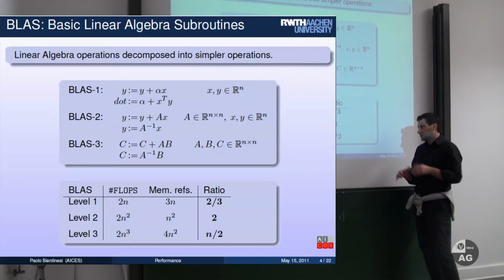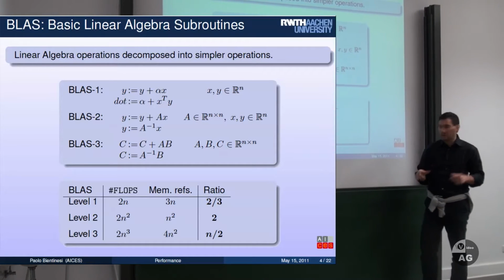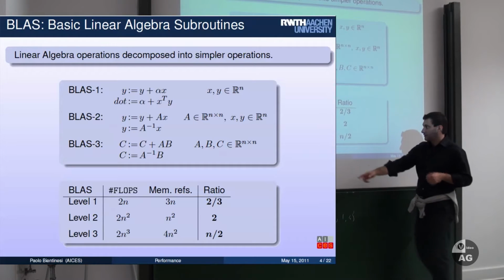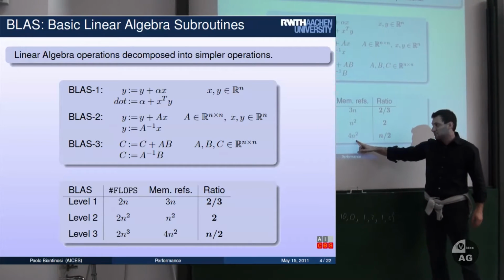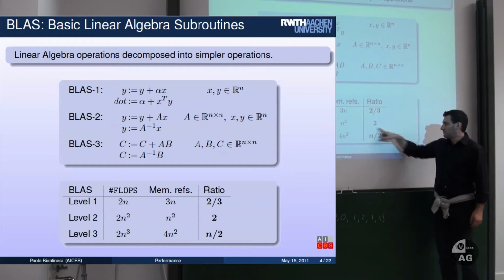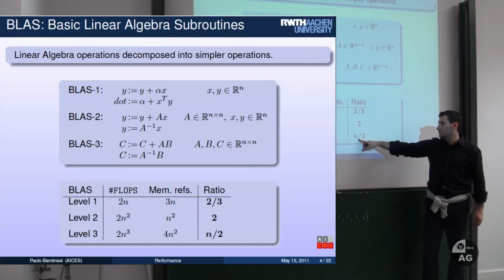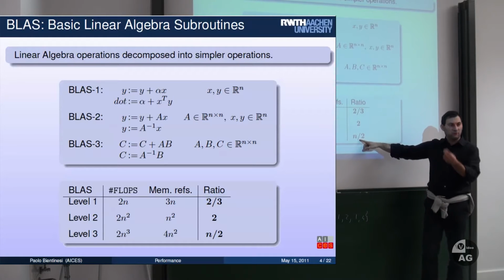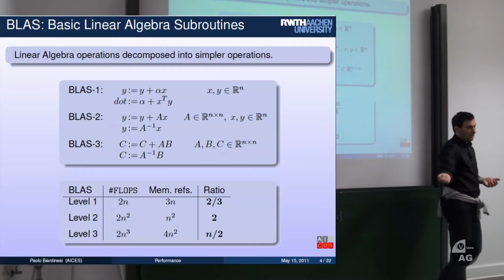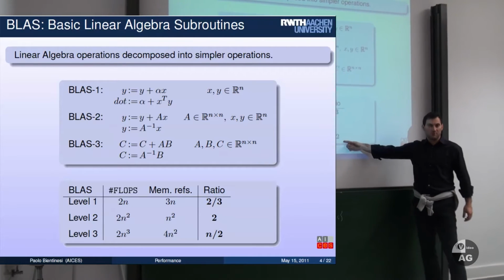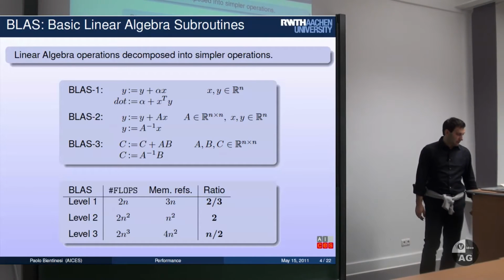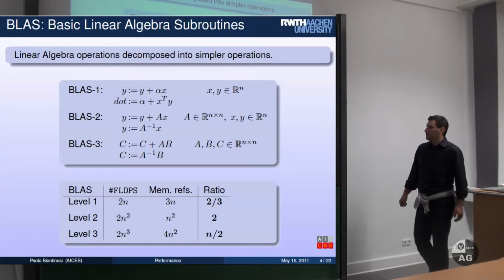When data is in the registers, the processor is super fast. The problem is that going to memory to fetch and to write is much more expensive than doing an operation. So having something that performs a lot of operations on each piece of data means that you are amortizing the data movement with a lot of computation. So it's more like a buffer thing. Yeah, it's sort of like that.